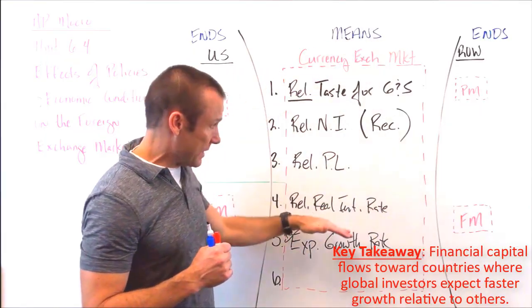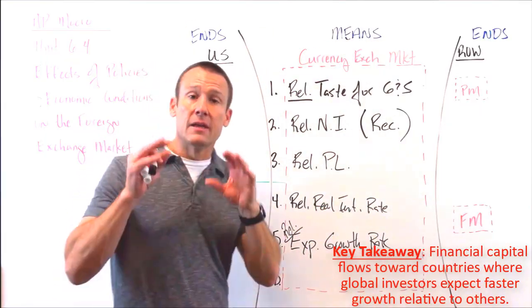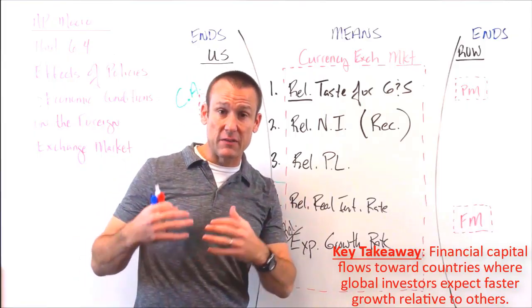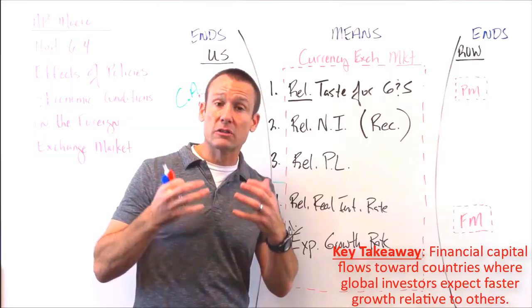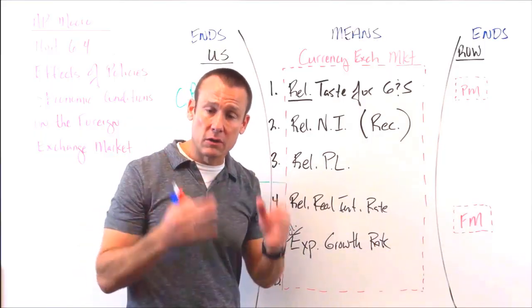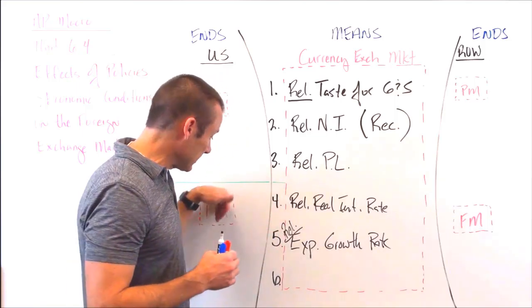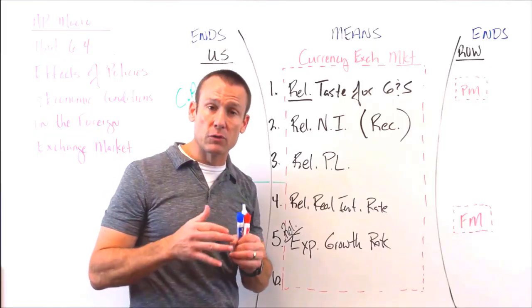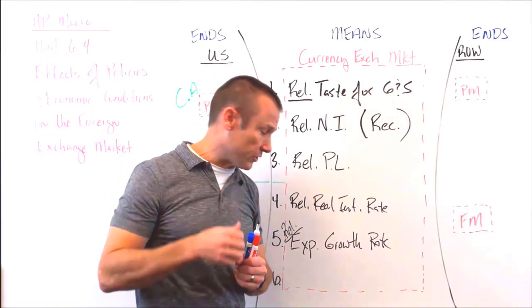Now, for that one, if we do expect the U.S. to grow faster, people want to get their savings into our financial markets, our currency is going to appreciate because they're going to have to go here and demand our currency. And again, American savers are going to stay here, so they're going to supply less of our currency. Both of those things cause the dollar to appreciate.